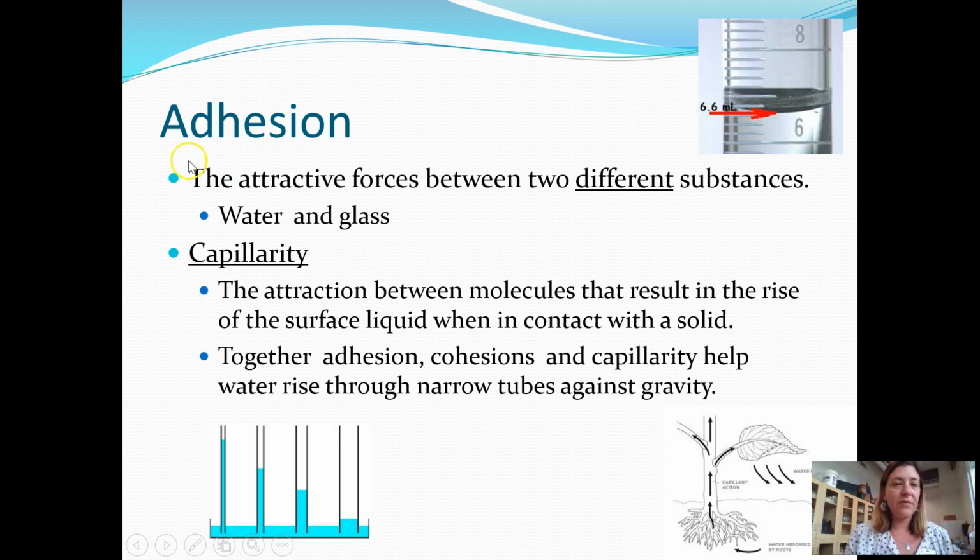So here, this first bullet point, the attractive forces between two different substances, that is your definition for adhesion. An example here is the attractive force between water molecules and glass. Glass actually has a charge to it.